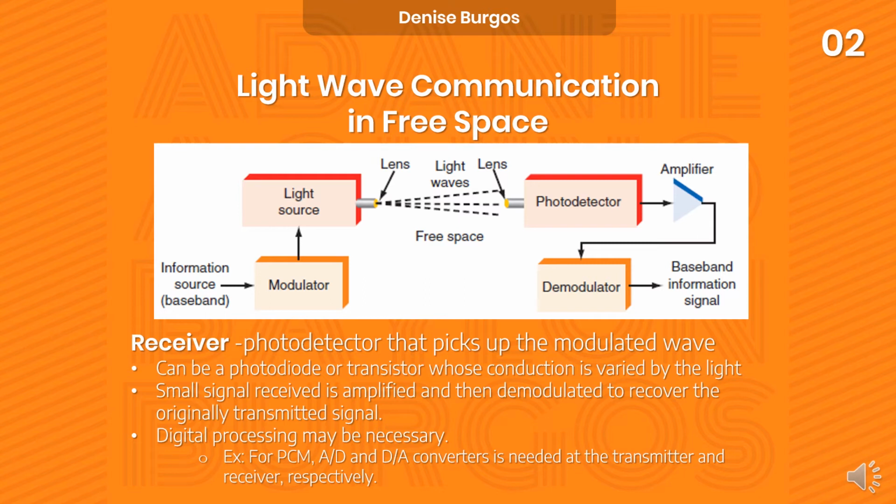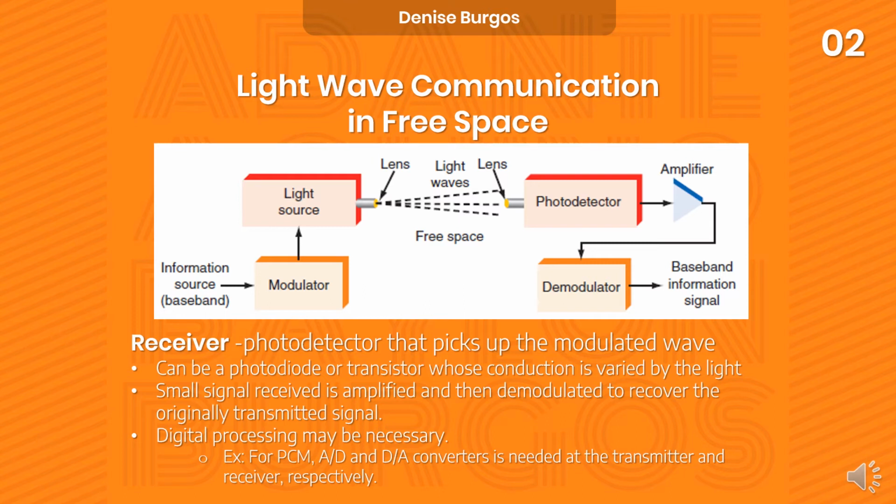As an example, for PCM, A/D and D/A converters are needed at the transmitter and receiver respectively. For example, the A/D converter digitizes an original signal before it is transmitted as a PCM signal.